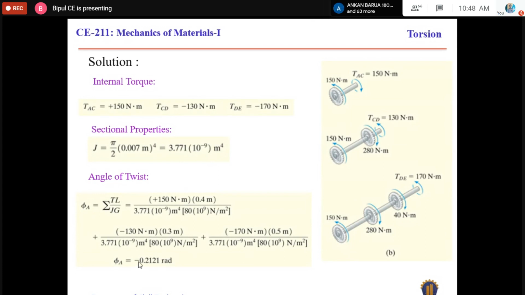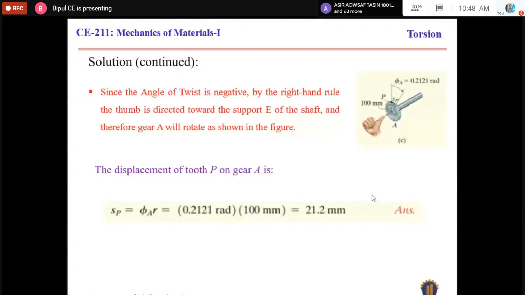As it is negative, because according to the thumb rule, the anti-clockwise direction is positive, but this rotation indicates a negative value. That means this gear will be rotated in the clockwise direction.